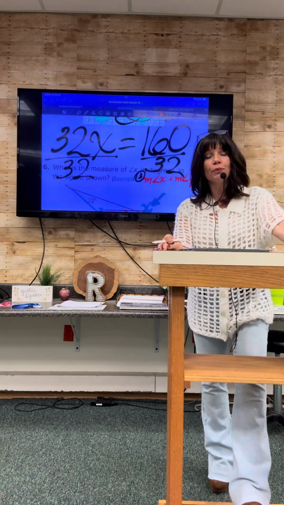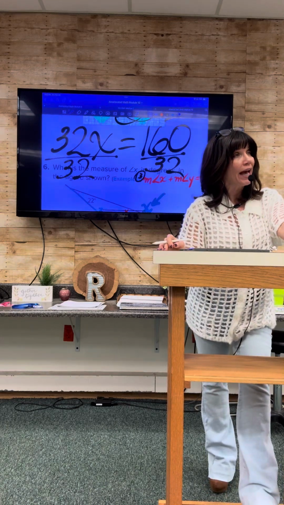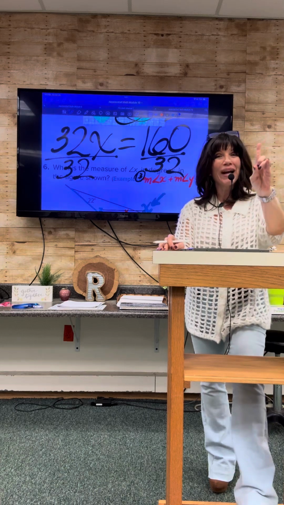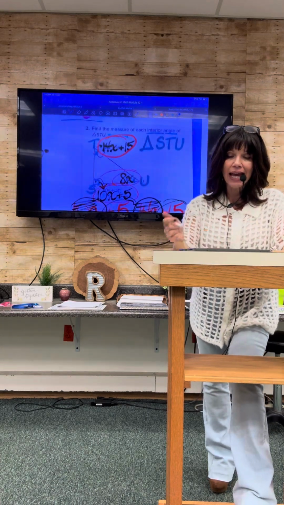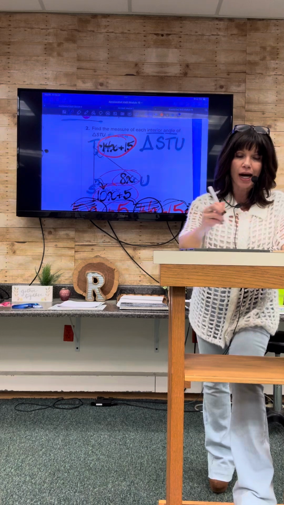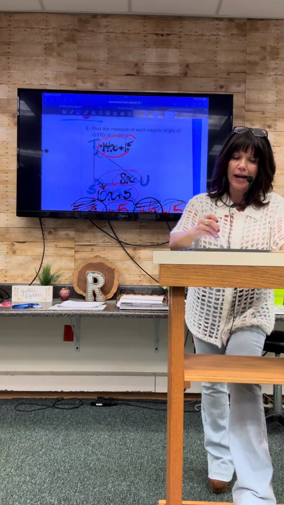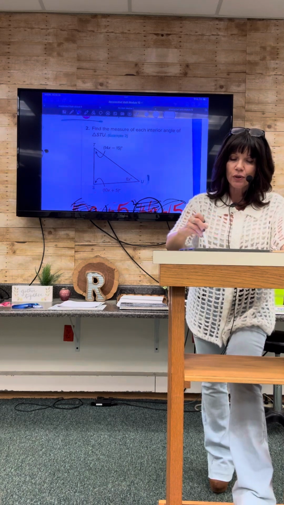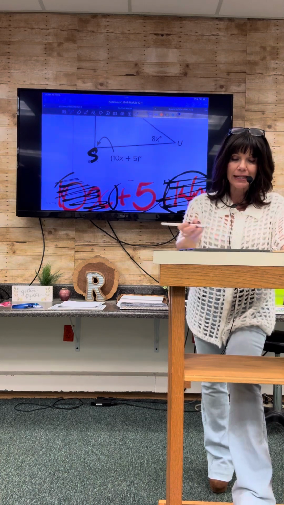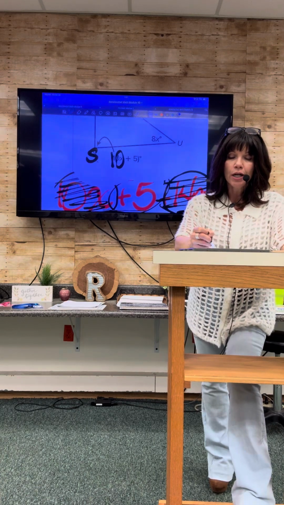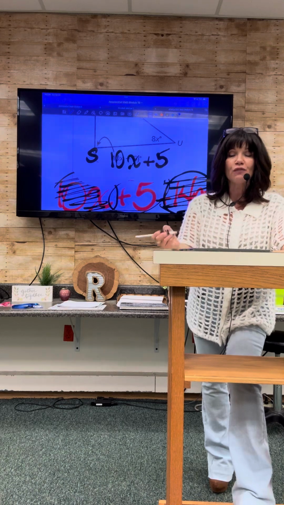All right. Do you understand that will give you the value of x? But wait, there's more. Because notice, the angle they're asking for, I believe online they asked for angle S. So let me show you this. If indeed I am correct, and it's angle S they asked for, which was worth 10x plus 5.